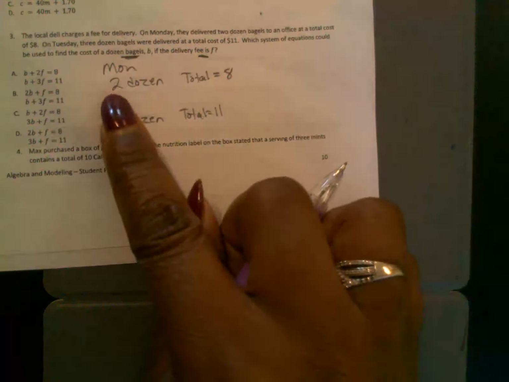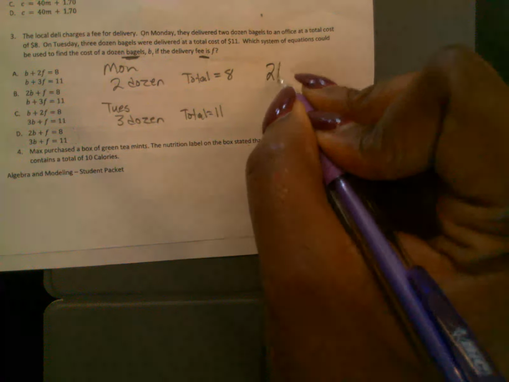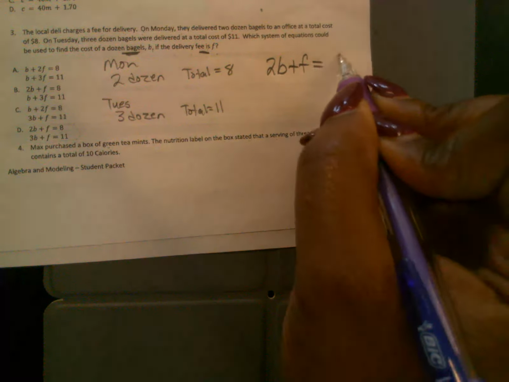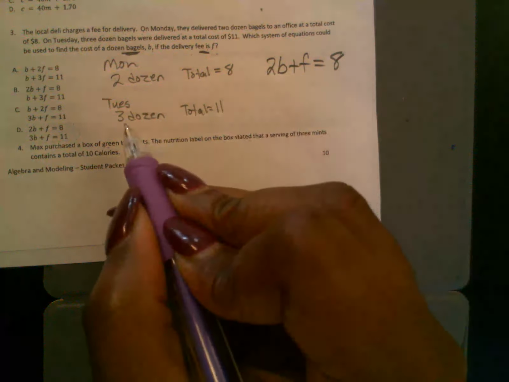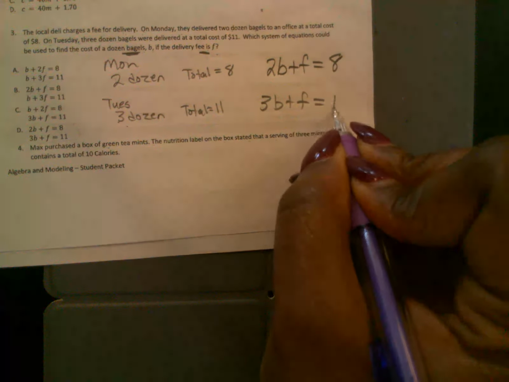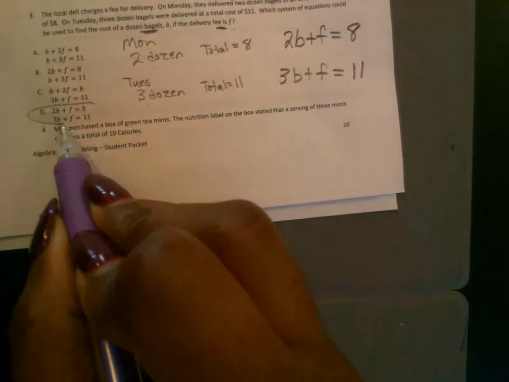You automatically have to pay the delivery fee, so that's just F. So 2 dozen is 2B plus the delivery cost is equal to $8. That's Monday's equation. Tuesday's equation is 3B, that's 3 dozen bagels, plus the delivery cost is equal to 11. So that's your answer here.